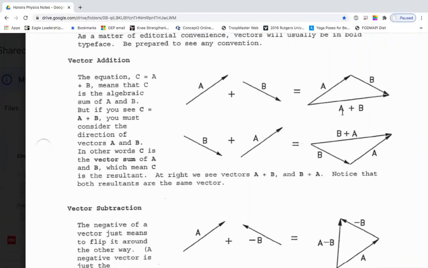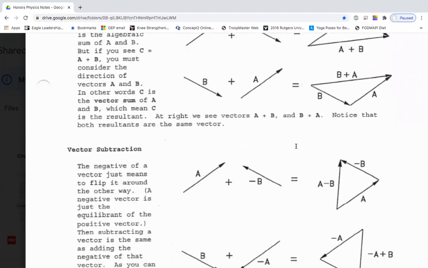So B plus A is the same as A plus B. So when we say add up vectors, we're talking vector sums. That means you have to pay attention to the direction. You can't just use algebra and add up the magnitudes. That's not going to work.